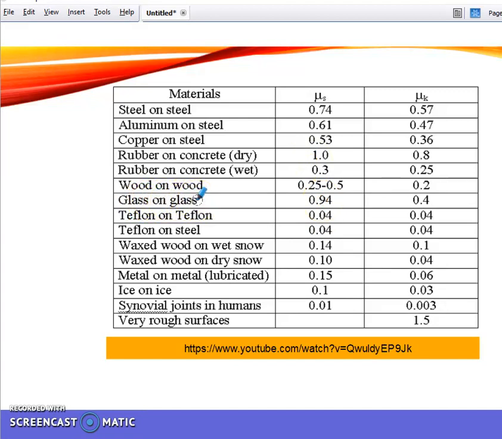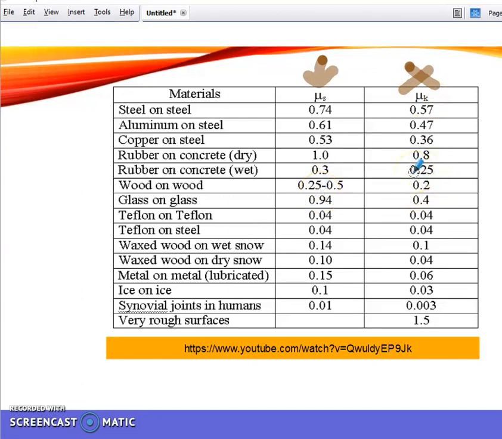You wouldn't think so, but it is. This column right here is higher than this column. So the static friction is always going to be larger than the kinetic friction because it takes more force to get something moving than it does to keep it moving.